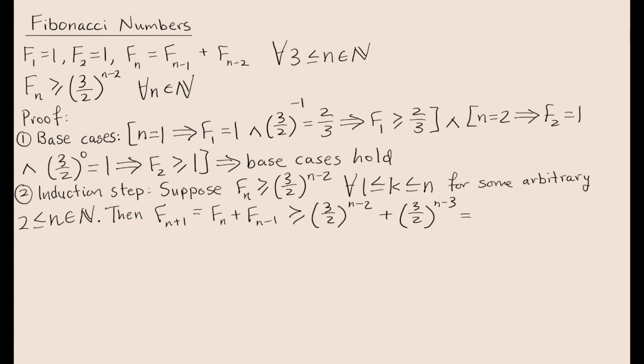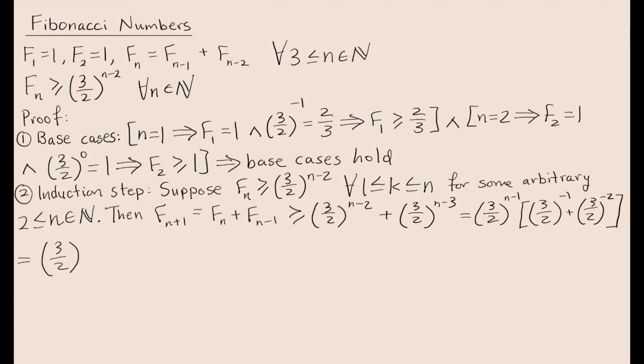If I factor out a 3 over 2 to the n minus 1, then I get 3 over 2 to the minus 1 plus 3 over 2 to the minus 2. And why do I want that? The reason why I want this is because I have a 3 over 2 to the n minus 1, and that's a step more than 3 over 2 to the n minus 2. Solving this using common denominators and combining the fractions, I get that this is equal to 10 over 9.